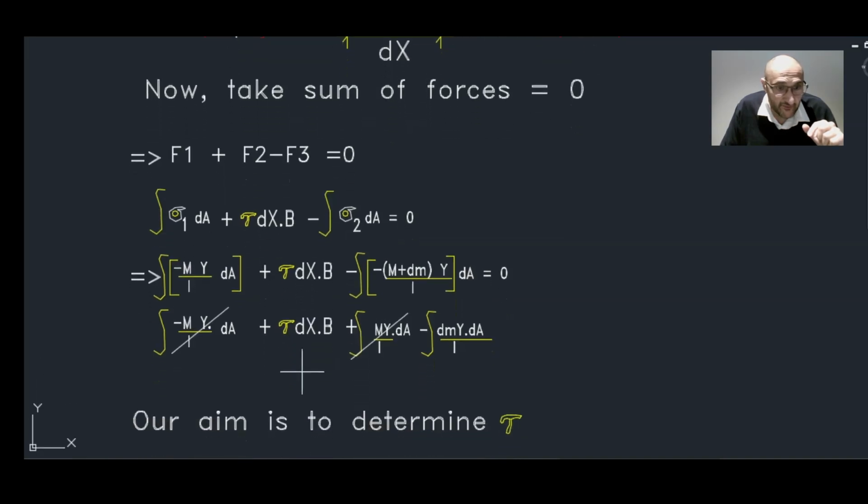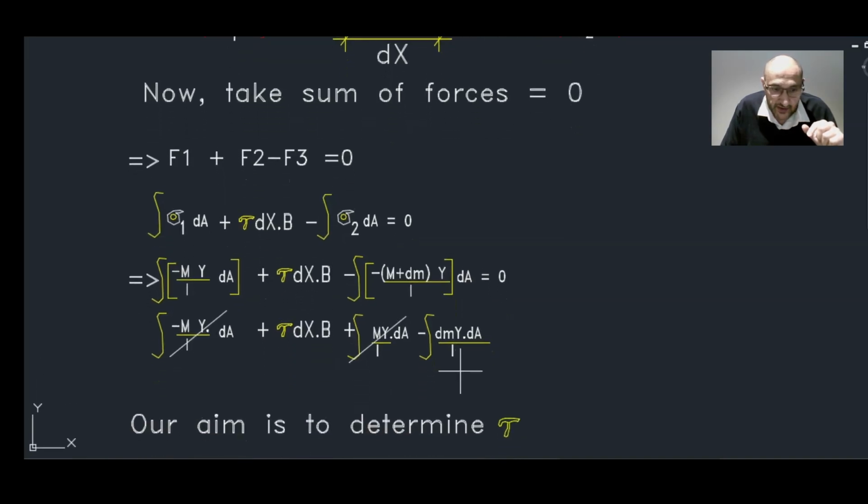If we expand everything out, we get minus My over I dA plus tau dx b plus, because minus times minus is plus, plus My dA over I, and the minus and plus terms of My over I dA cancel each other out.